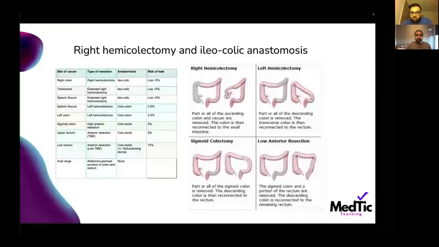So essentially, wherever the cancer is, take as little of the bowel out as you can, and then you want to anastomose, which basically means connect the two ends together. So this one is just about learning your anatomy. If you know where the cancer is, that's the part you want to take out. So next slide, please.